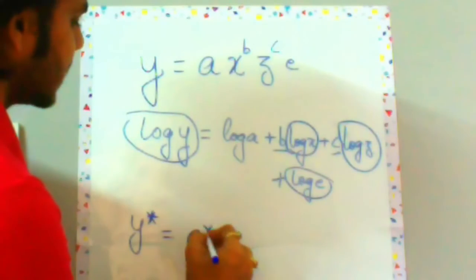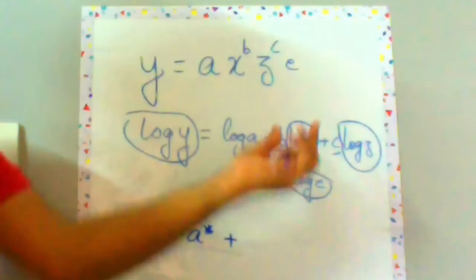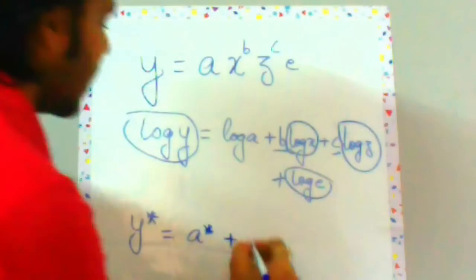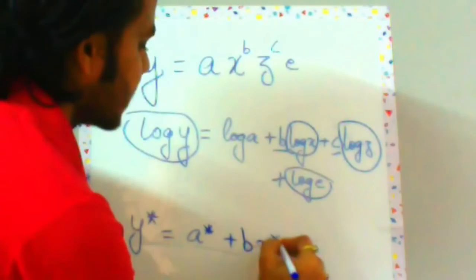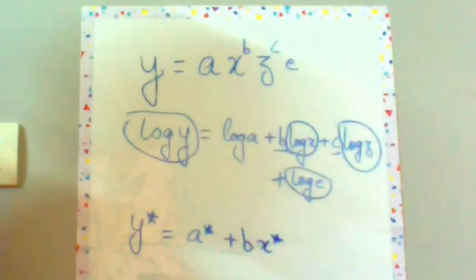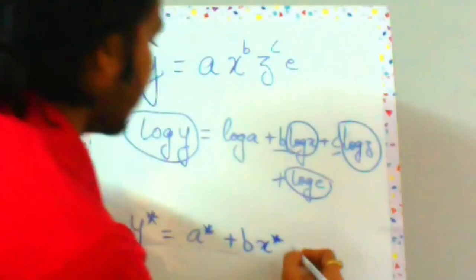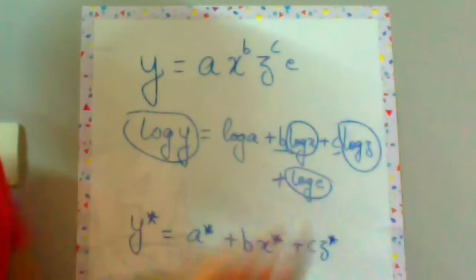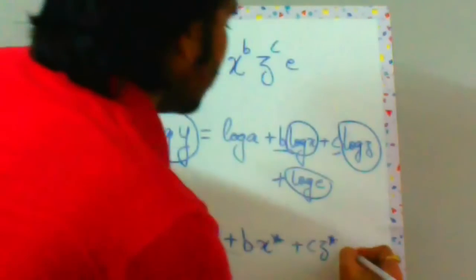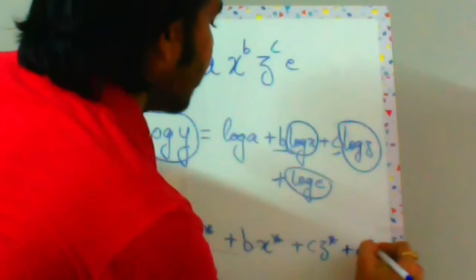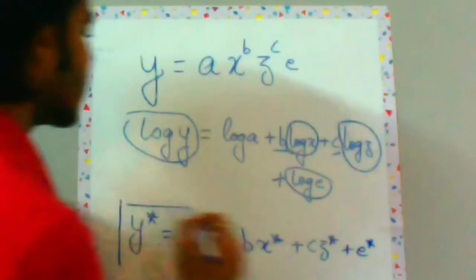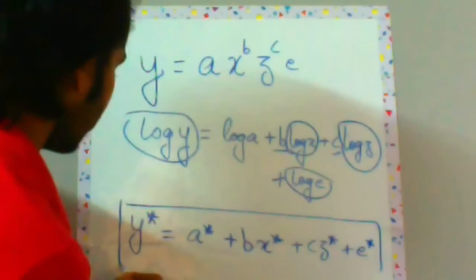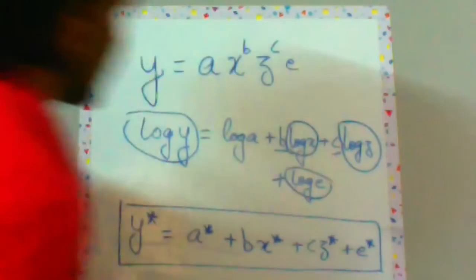This will be your a star plus, take log x as x star, you will have b x star, and then take log z as z star, you will have plus c z star, and take log e as some e star, you will get e star over here. And if you look at this equation, this is your simple multiple linear regression model.